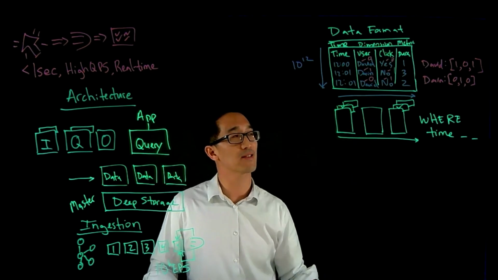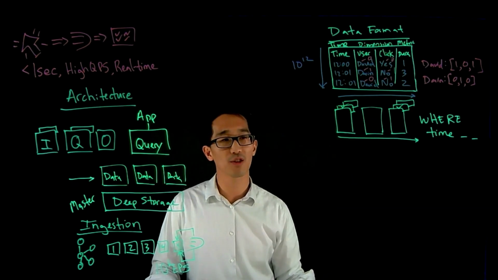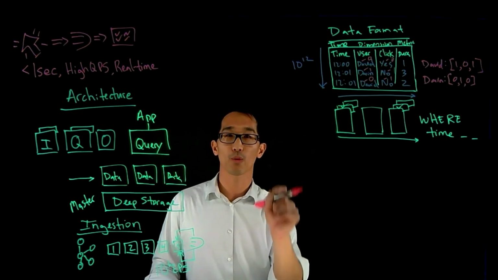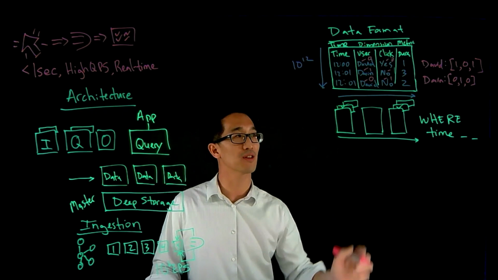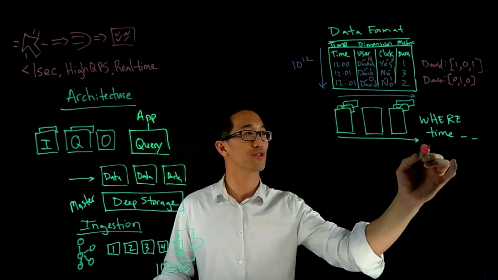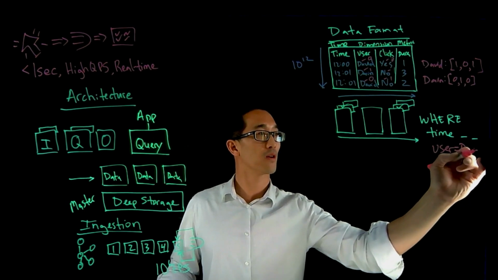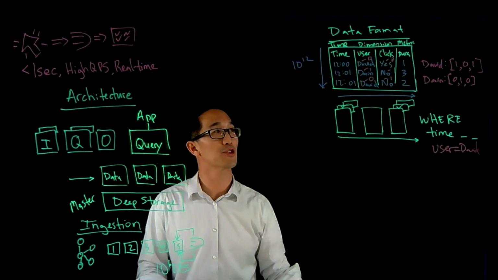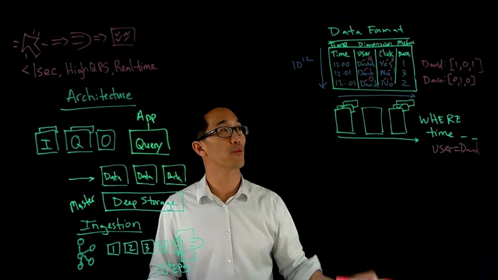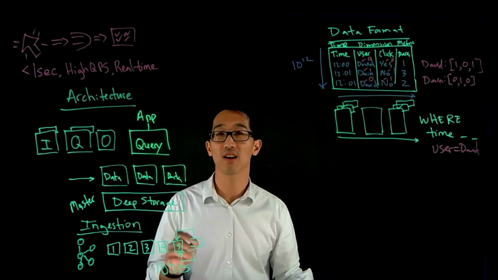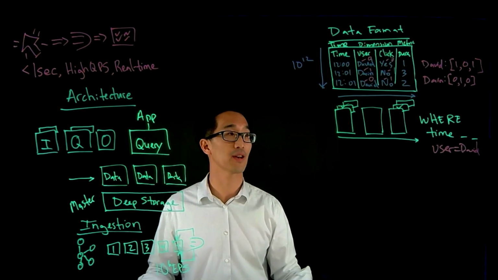What bitmap indexes are doing is enabling you to only have to analyze and read the rows that contain the pertinent information. So if you were going to do a where filter user equals David, you can clearly see here that Druid will only have to read rows 1 and 3. And you imagine that at scale, you have a lot of processing efficiencies that get created.